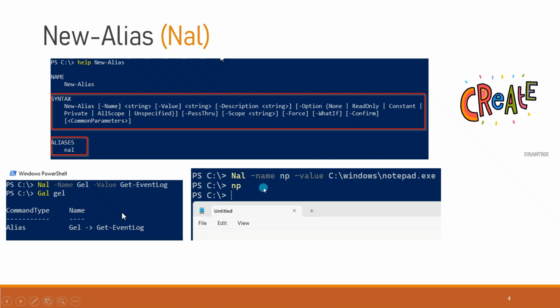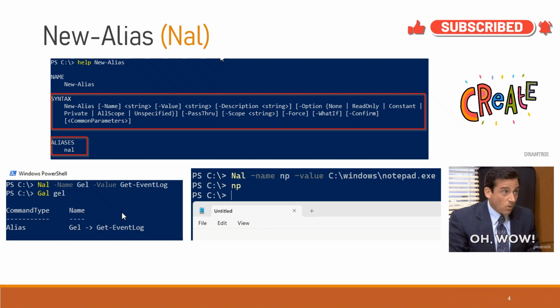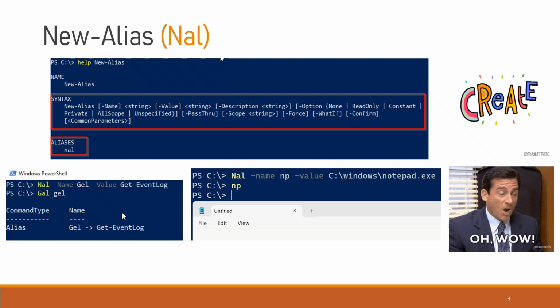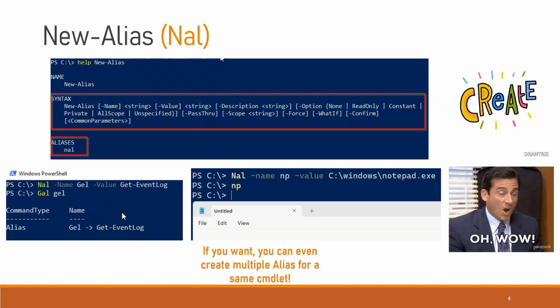As soon as I created it, when I typed np and hit enter, I got Notepad. See, that's a surprise for you. So you can create aliases for commandlets as well as for executable files.